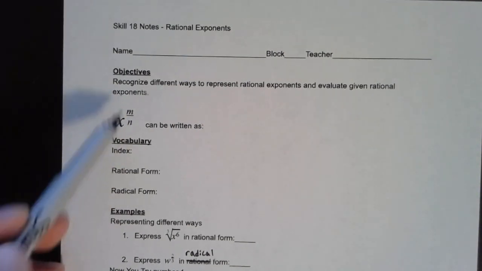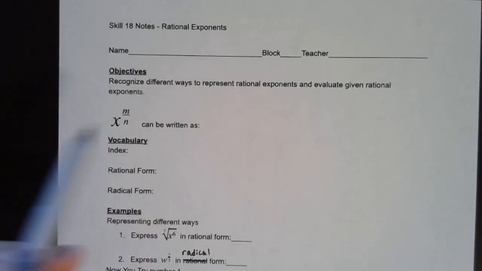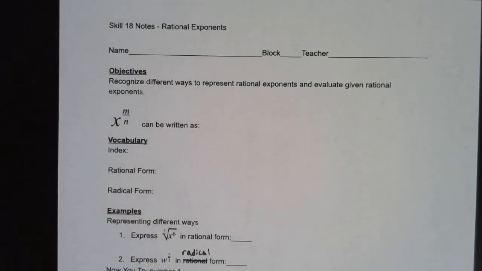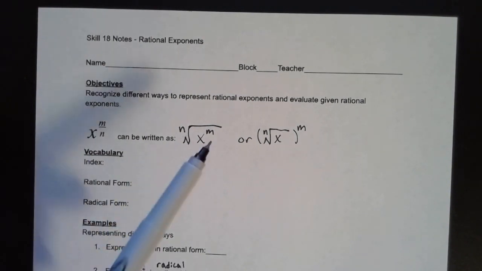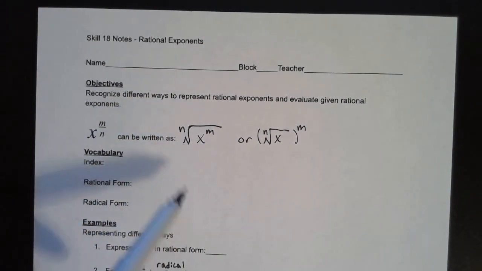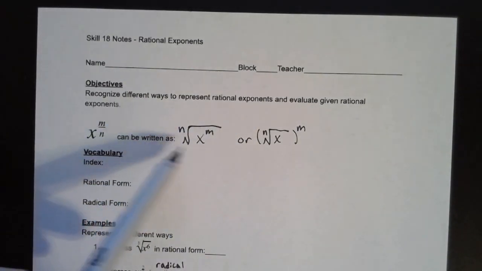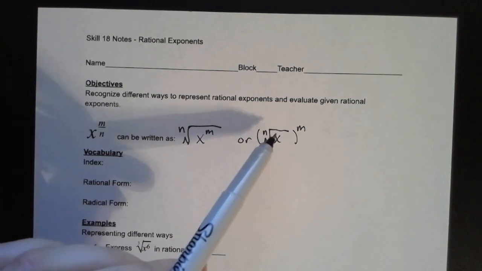We have this m over n, and this can be written this way, but it can also be written like this, where we take this n from the denominator and move it out in this spot on the radical. There are two different ways to write this. You can write it with the m still underneath the radical, or you can pull the m out here.